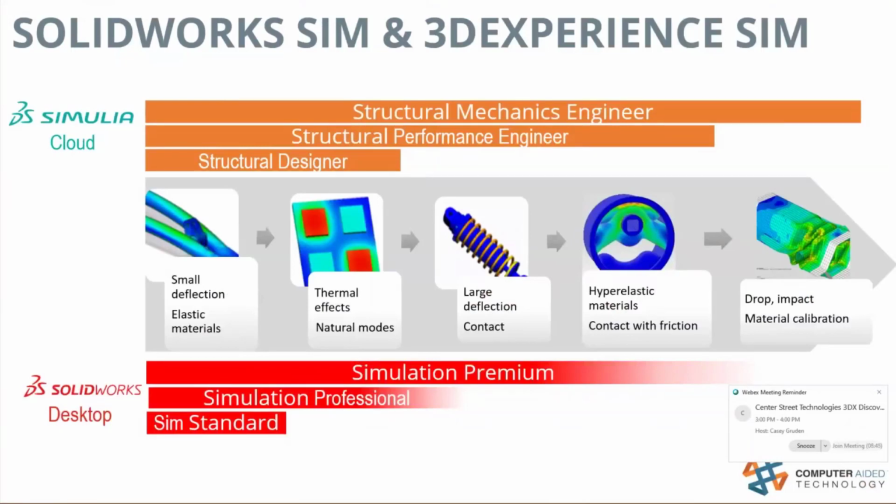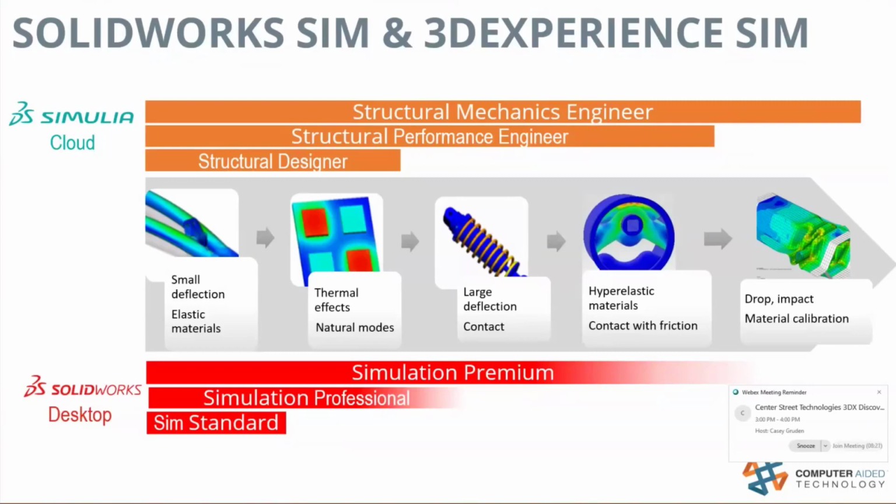But one of the biggest things for me was the difference in solve times between SolidWorks Simulation and Simulia. I had a simulation that I was working on with Robert Warren on our team, and it was taking about 3.5 to 4 hours to solve. And once it solved, it was only about 75% convergence.